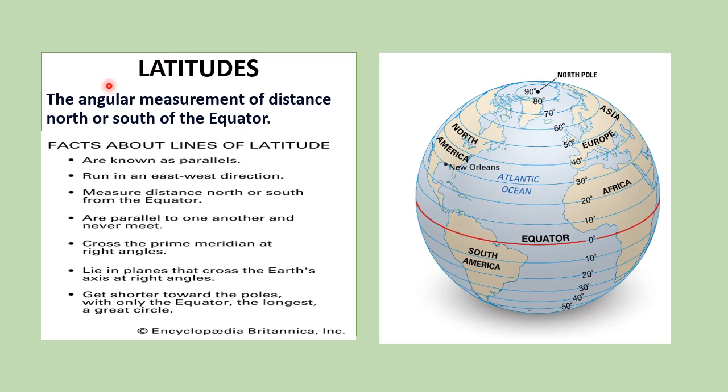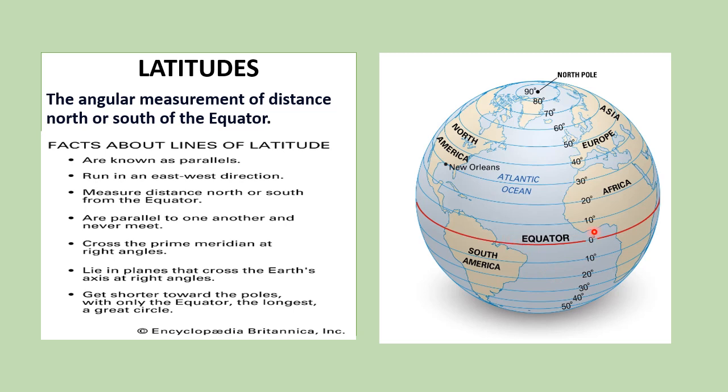Now you know why latitudes are called angular measurement of distance, north or south of the equator, right? Now what are the important points about it? They are parallel lines. They run east to west in direction. They measure north and south from the equator. They are parallel to one another and they never meet.